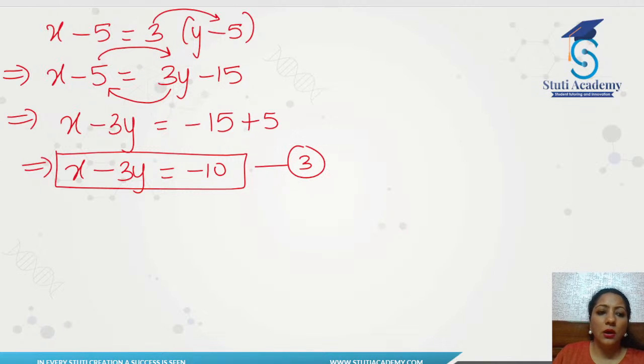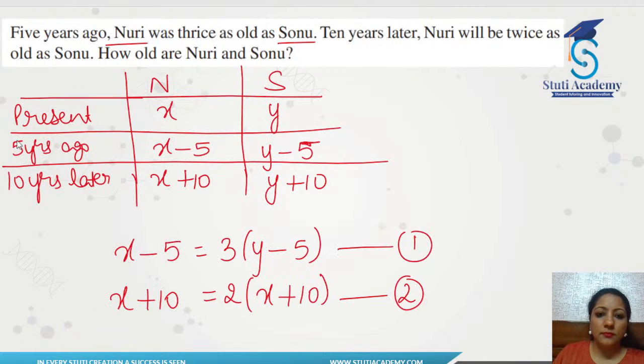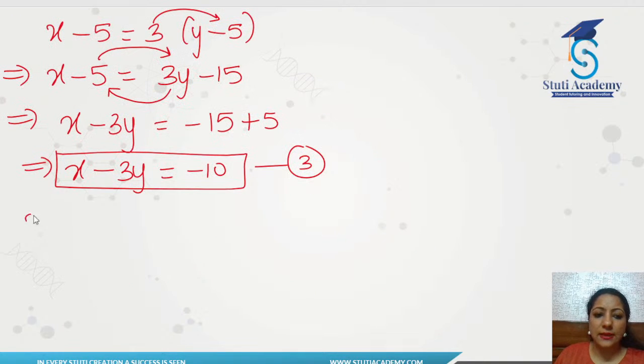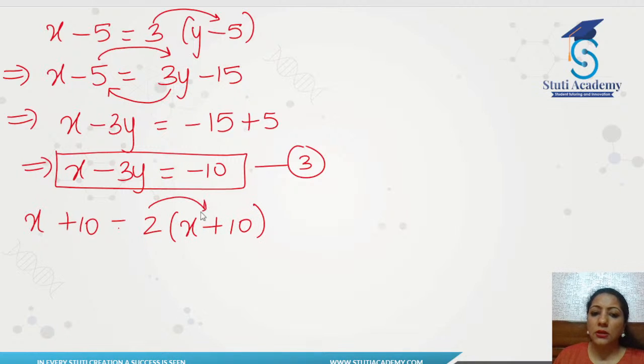Now we have 10 years later. That's the second equation. Now I am discussing the second equation. We have x plus 10 is equal to 2 times of y plus 10. Now 2 we'll take inside the bracket and we will multiply it with each term here. We will get x plus 10 equal to 2y plus 20.